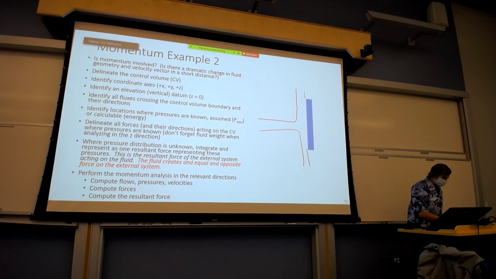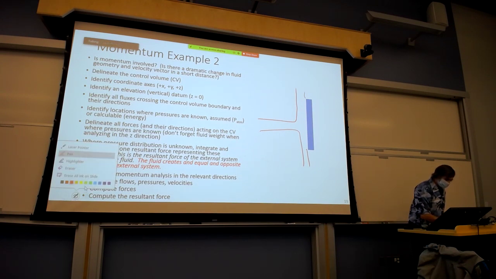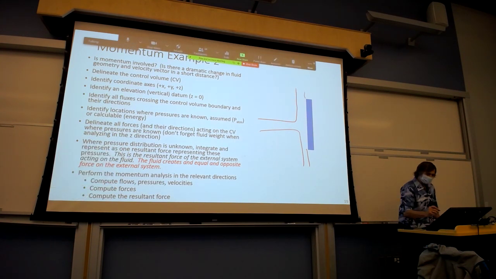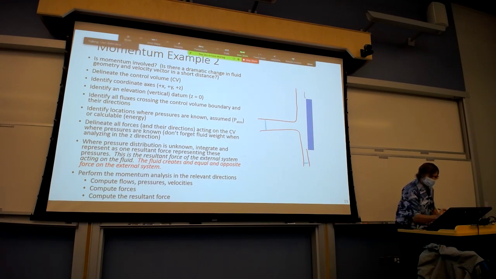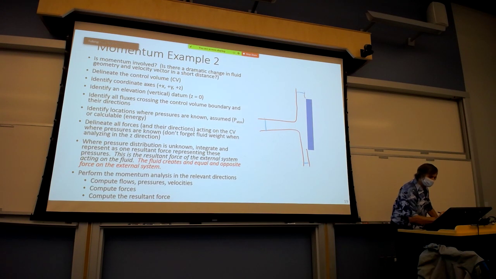And how we're going to do that is here we have one-dimensional flow. Out here we have one-dimensional flow. And so we're just going to have the control volume. This is our CV.